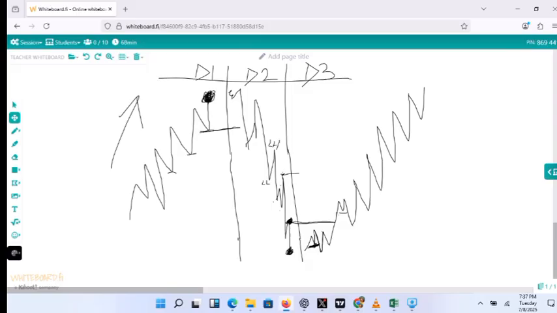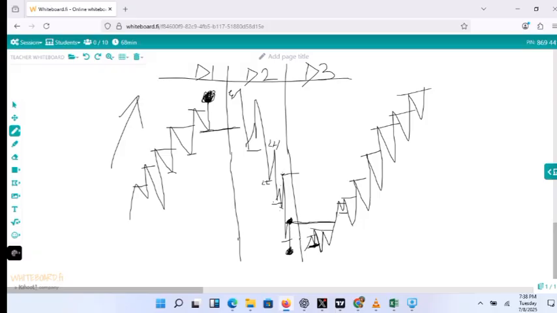We have the shift here, shift here, shift here, right? Shift here. When it changes to bearish, shift here, shift here. When it changes to bullish, we have the shift, right? Shift, shift, shift.